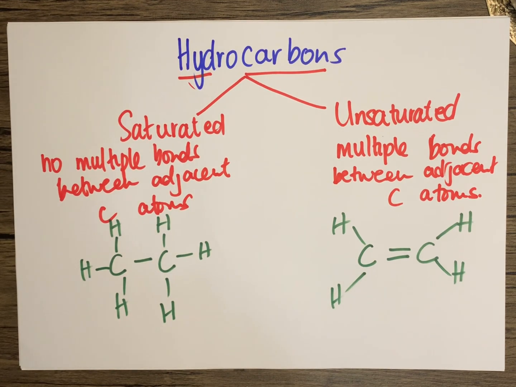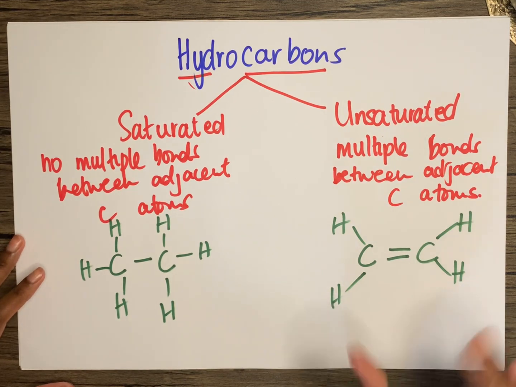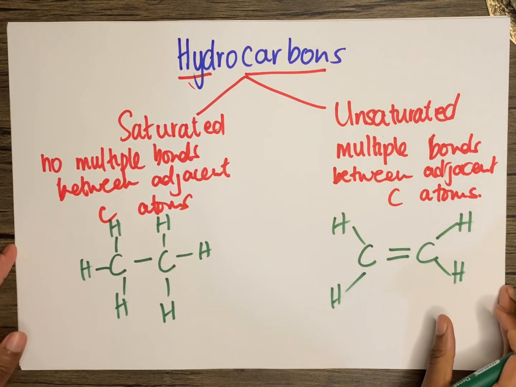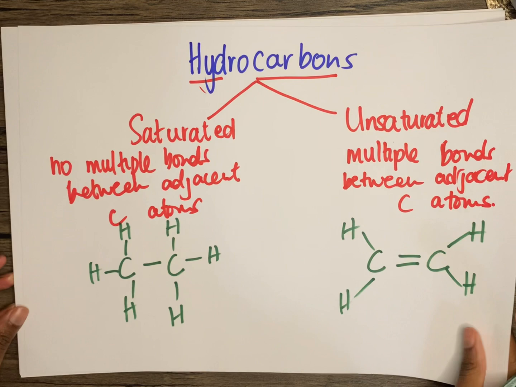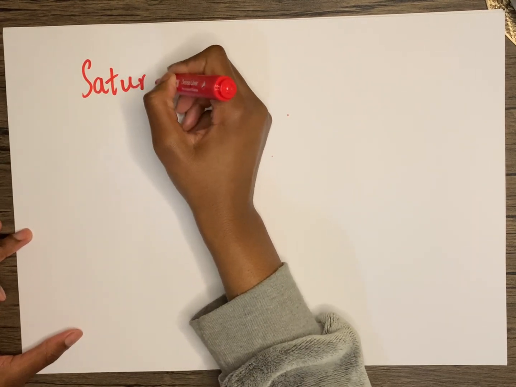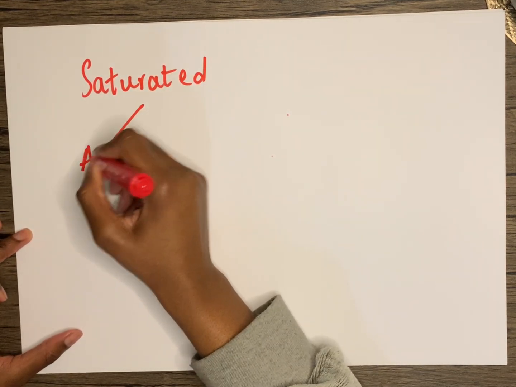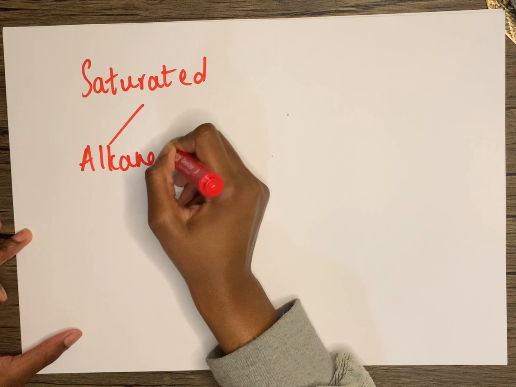To break it down a bit further, the hydrocarbons can be divided, right? For the saturated, we only refer to what we call alkanes.